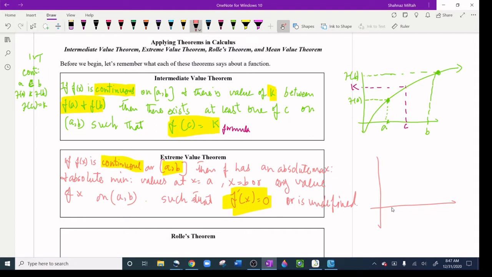I'm talking about between A and B. So between A and B, these are closed intervals, and this is the absolute minimum. With a closed interval, we have to have an absolute maximum and minimum. So this is how the graph for that looks.